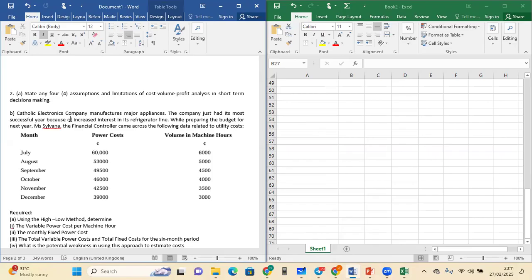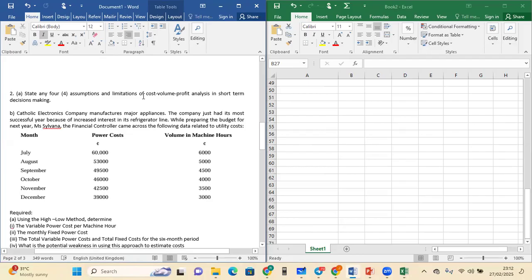But in real world situations, there are some costs that we can't even recognize whether they are fixed cost or variable cost. So we put them into semi-fixed cost. So the assumption is that cost can be divided into fixed and variable cost. And the limitation is that not all costs can be known to be fixed or variable cost.